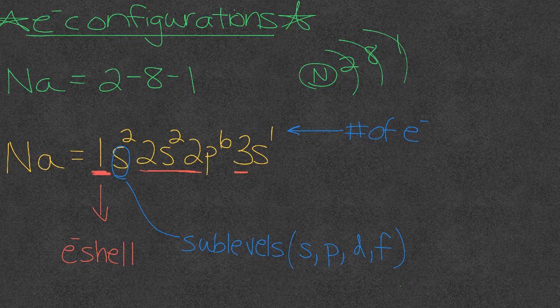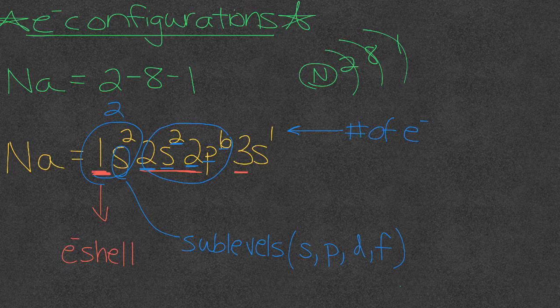So we have the first energy level, S sublevel contains 2 electrons. So there's still 2 electrons in the first shell. Then we have second electron shell, S sublevel, has 2 electrons. Then also in the second shell, in the P sublevel, we have 6 electrons.